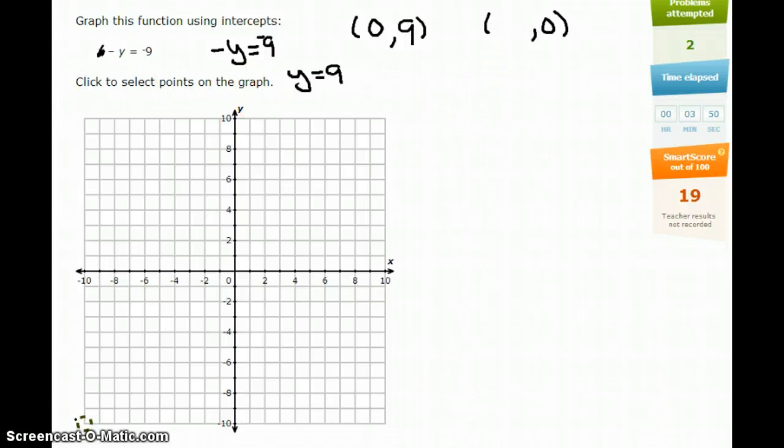And I come back over, and I say when y is 0, x equals negative 9, and now I have my two ordered pairs, and I can graph them again. (0, 9) and (negative 9, 0).